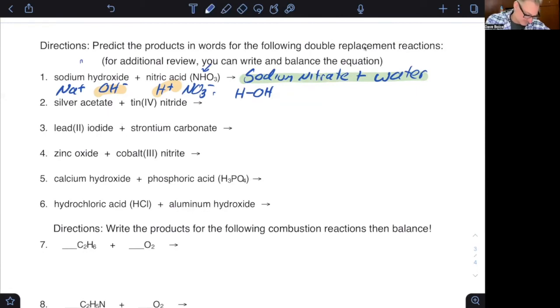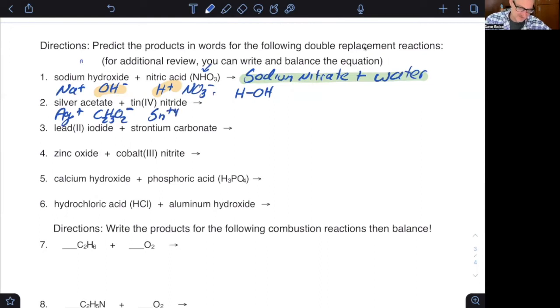Okay, silver acetate. So Ag is silver, that forms a +1. And then we're going to look on our periodic table, because it's acetate, there's no ide there. So that's C2H3O2, and then you're going to look at the charge for that. It's going to be a negative charge. And then tin 4, Sn +4.